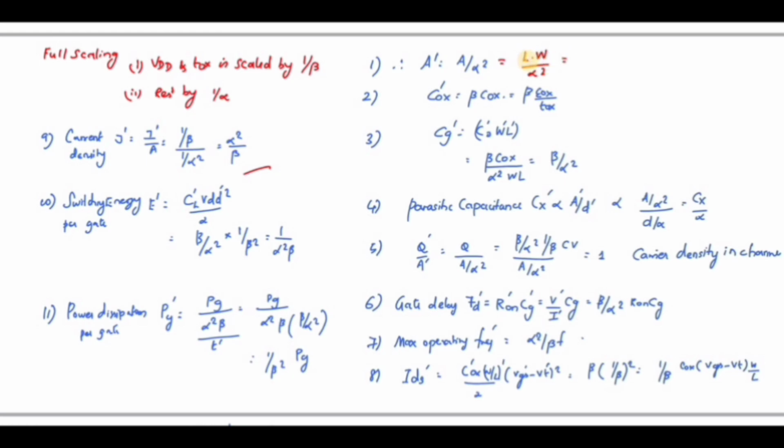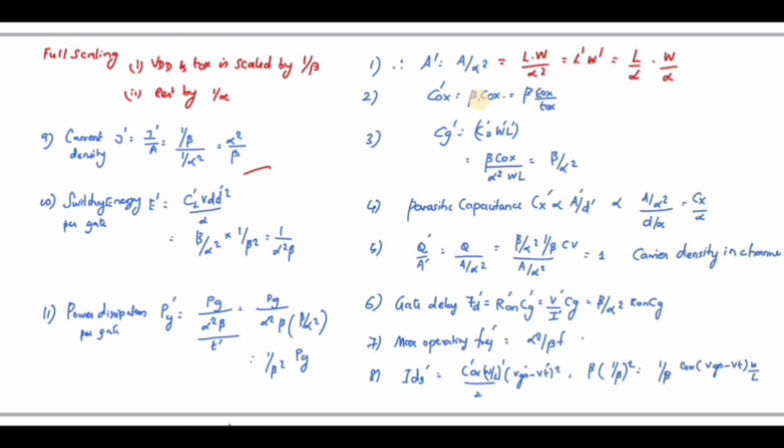This I can write as L bar into W bar, where L bar is L by alpha and W bar is W by alpha.